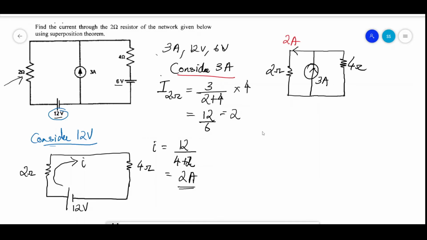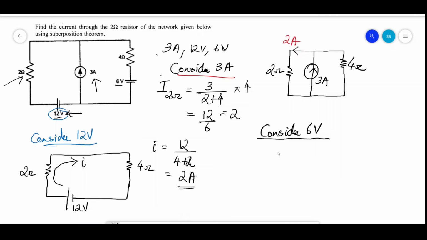Now we go to the third case, considering the third source, the 6 volt source. When considering the 6 volt, the other two sources, the 12 volt source and the 3 ampere source, are replaced by their internal resistance.